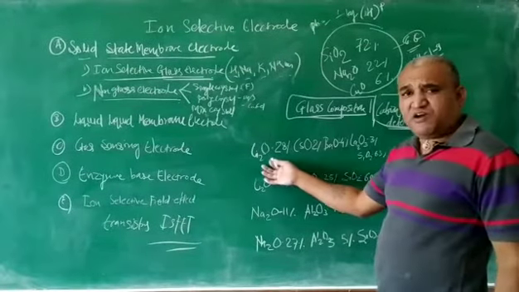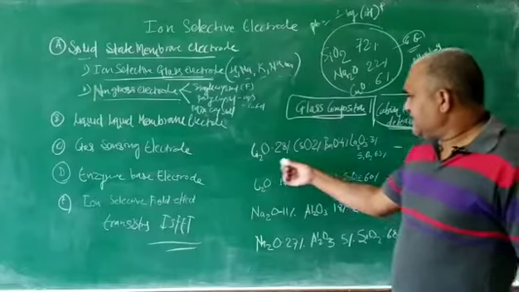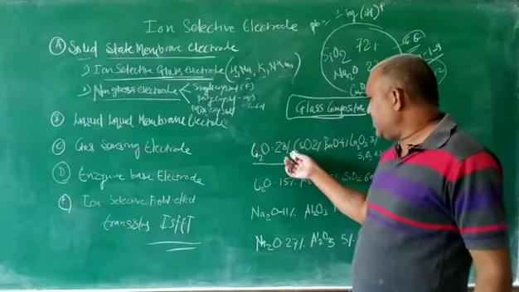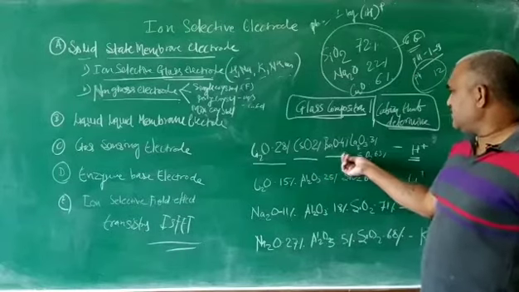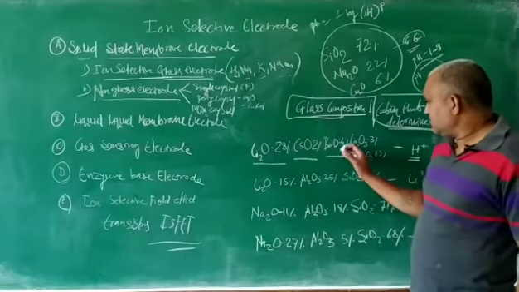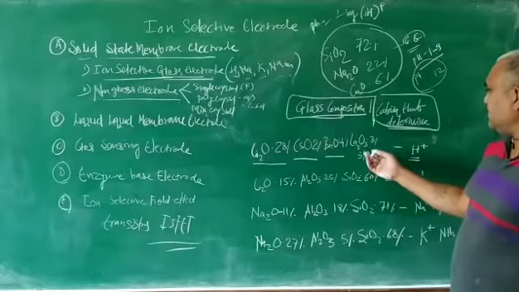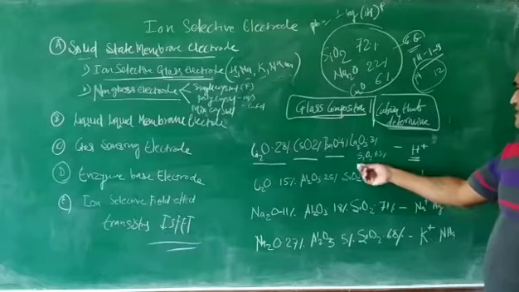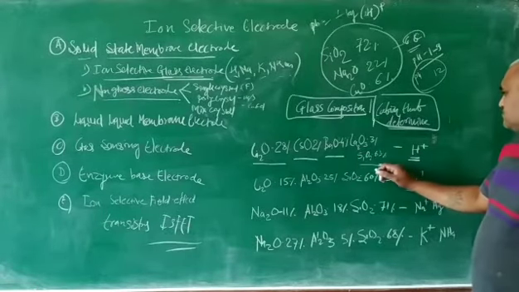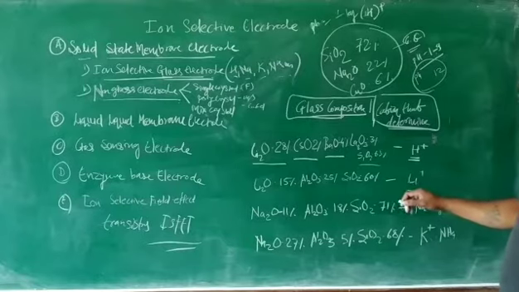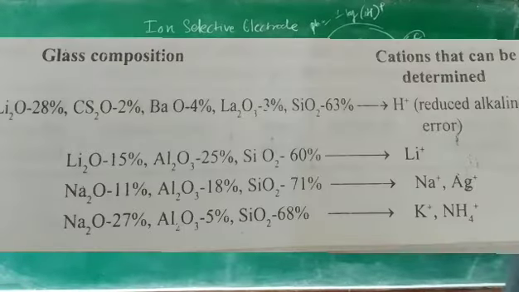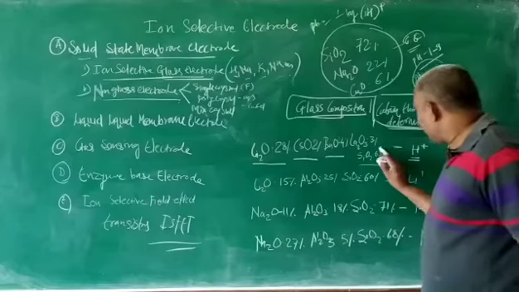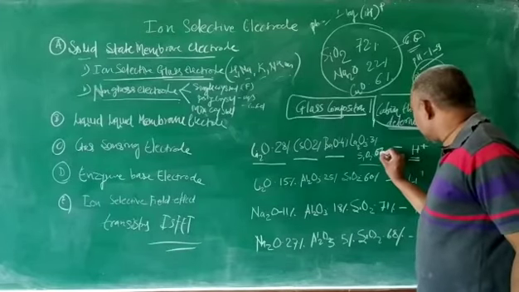So the composition of pH electrode is Li2O 28%, CsO 2%, barium oxide 0 to 4%, titanium oxide 3%, SiO2 63%. This is the composition for hydronium ion.